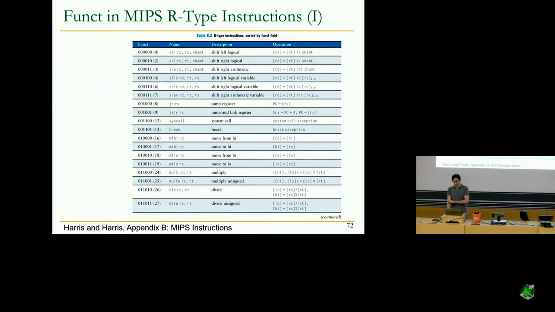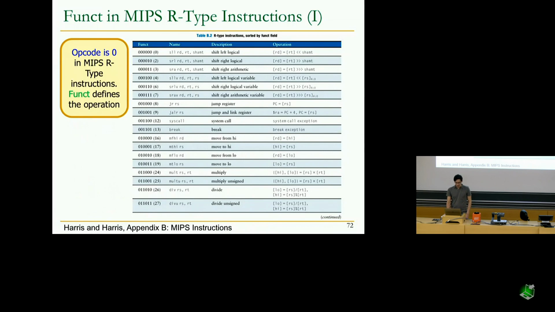And here you can see the operation codes or the function codes for R-type instructions in MIPS. Actually, for all R-type instructions in MIPS, the opcode is 0, and it is this field funct that determines what operation to execute. So that's the field that distinguishes between the different instructions.